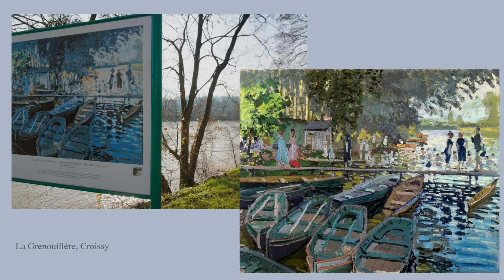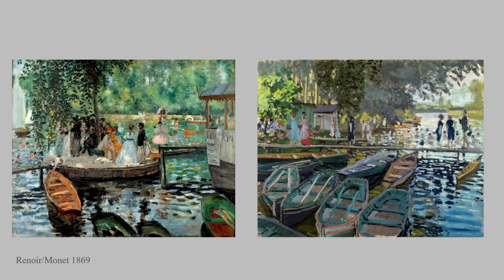La Grenouillère was a pleasure spot on the Seine, popular with Parisians who could access it by train. Unlike anywhere in the Anglo-Saxon world, the bathing establishment here was unsegregated. In Monet's bravura rendition on the right, you can see both men and women in and out of the water.